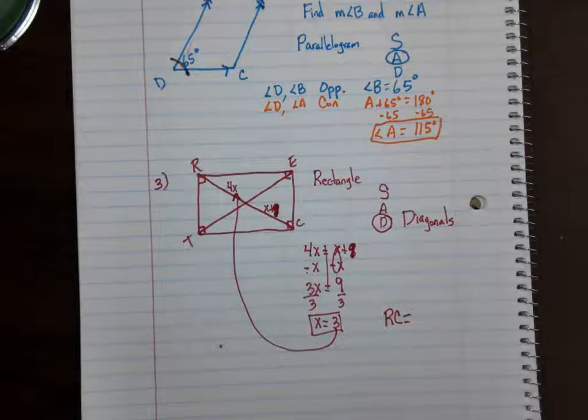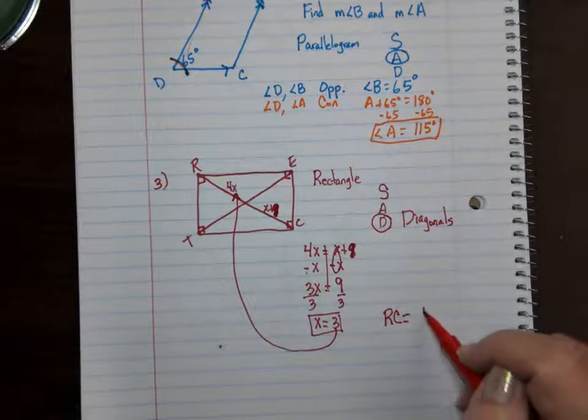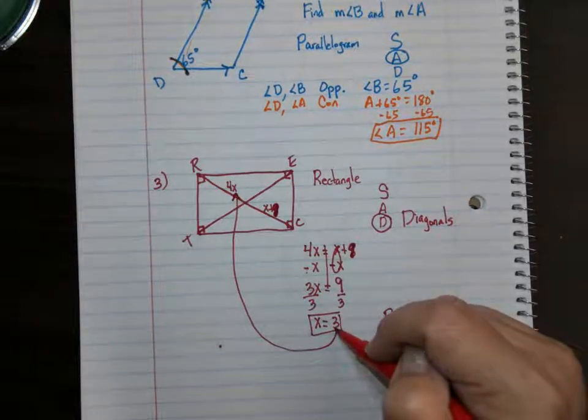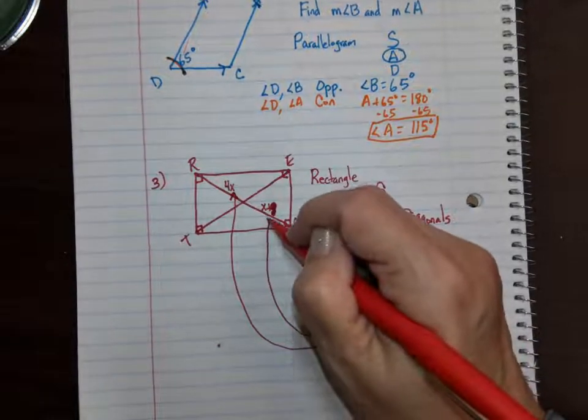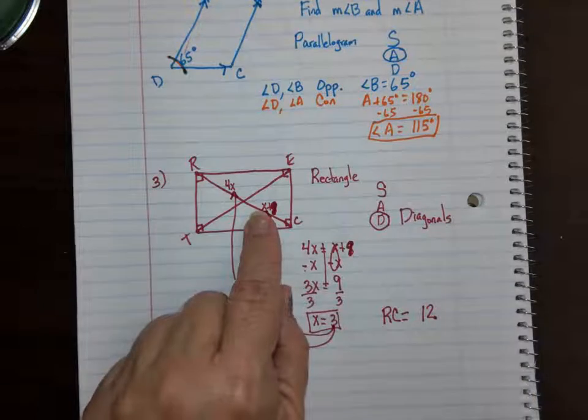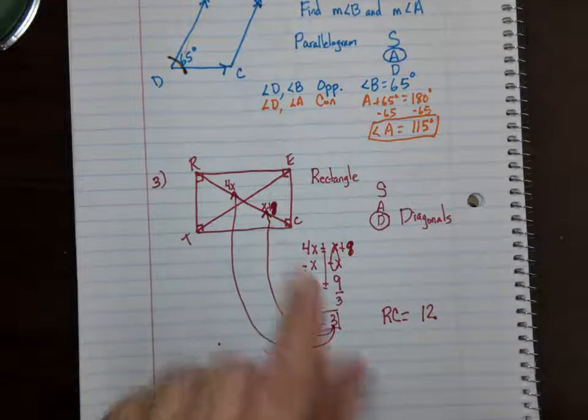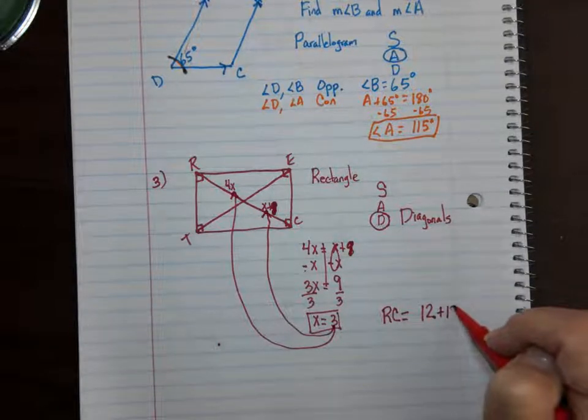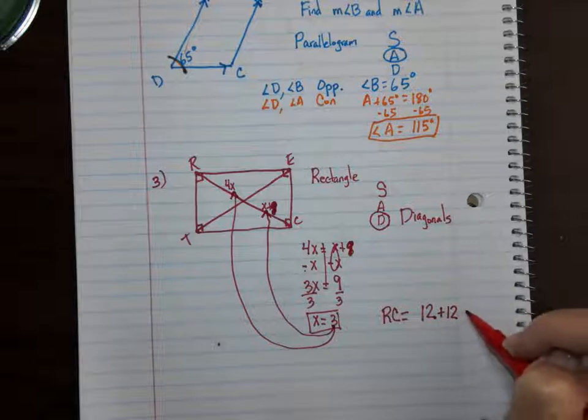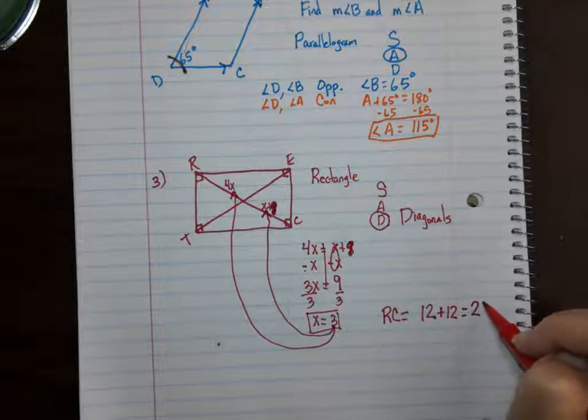So 4 times 3 is 12. But then I'd have to take the 3 and plug it in over here too. 3 plus 9 is 12. And I'd have to add the two 12s together and get 24.